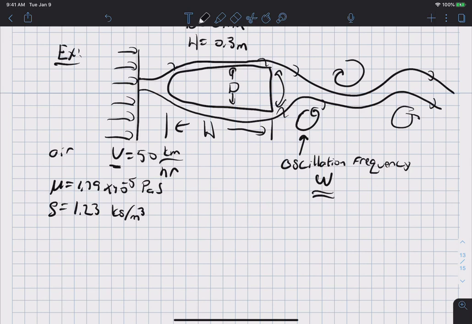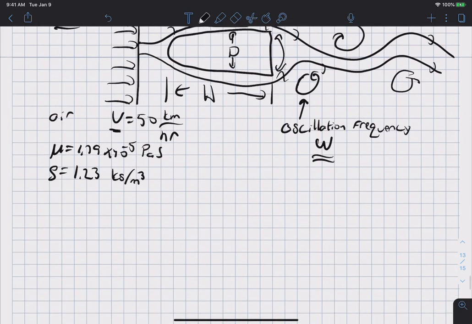Okay, and so what they're going to do for the model, a test model, is the bridge is too large and the flow is too high to use it practically in a wind tunnel. Although in the problem setup, it's actually not that bad.